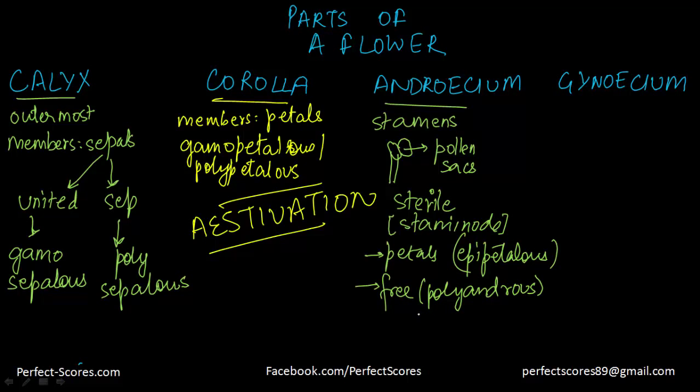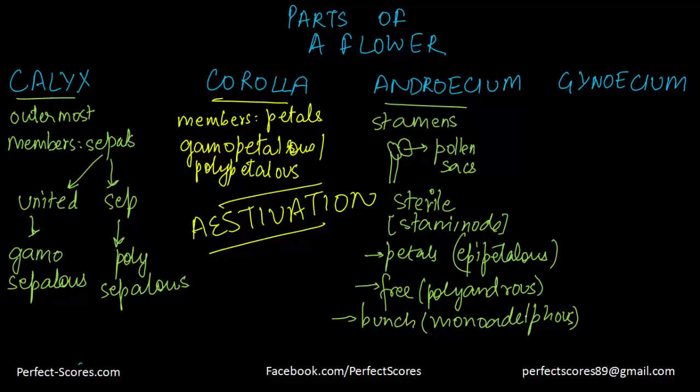And sometimes the stamens are united into a bunch or a bundle. In that case, monoadelphous. Sometimes it can be two bundles, that is diadelphous. More than two bundles, that will become polyadelphous, and like that.